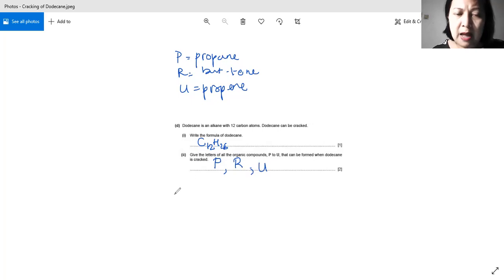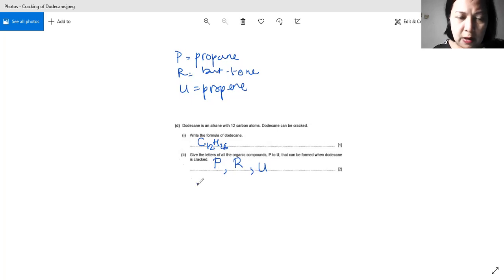Now what is actually the formula? The products of the cracking can be mixtures, but then they should be like this.